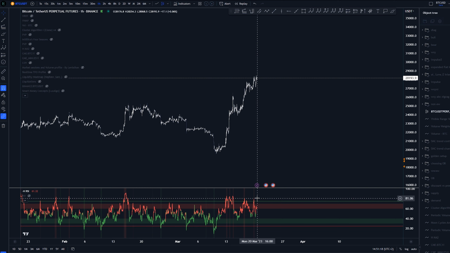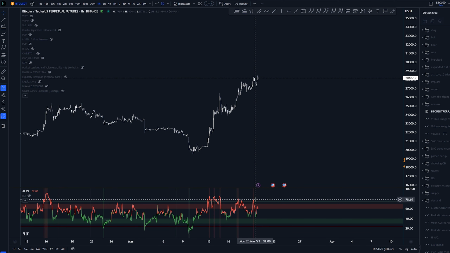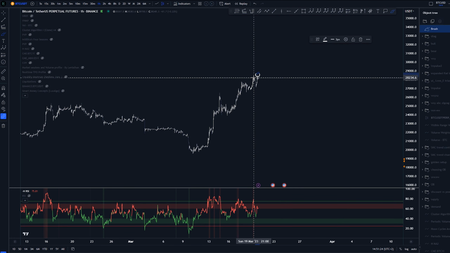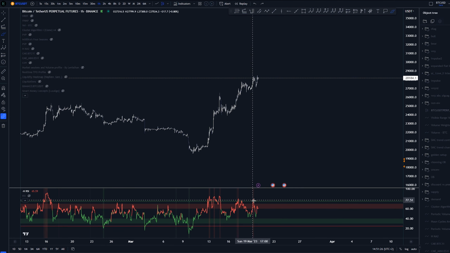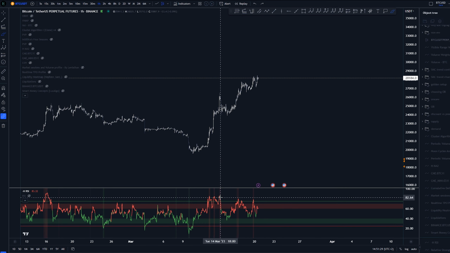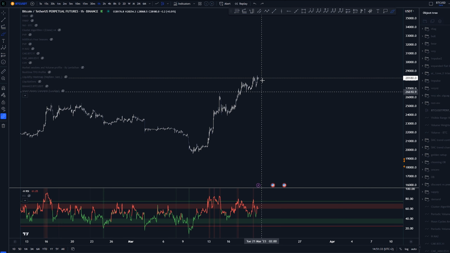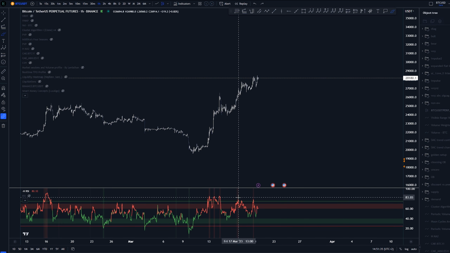What we have here is again 1 hour signals that we are oversold on multiple areas. Then we had a new high here, creating another set of divergences, and we have again divergences from previous peaks, and from here again these local structures did have divergence.